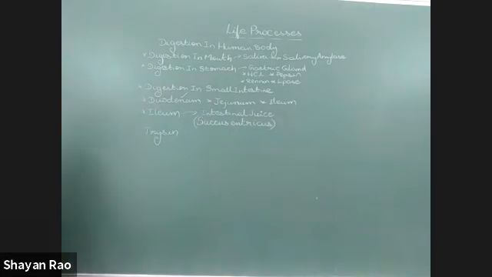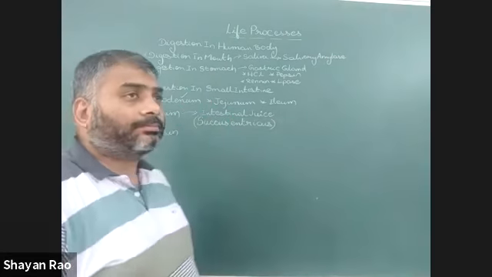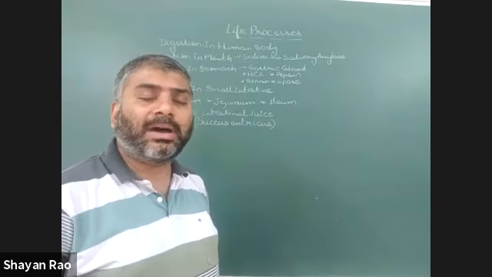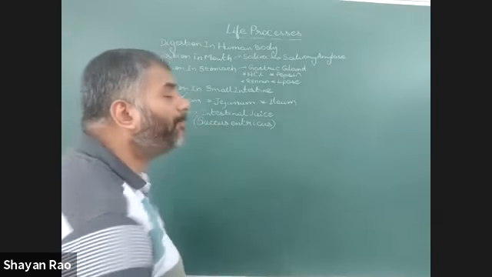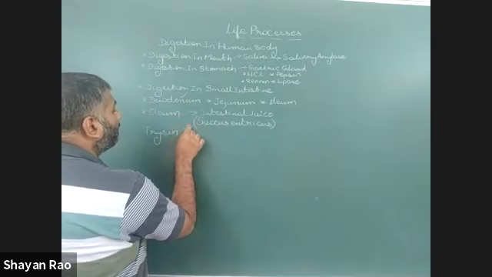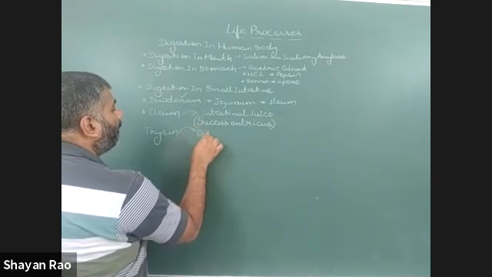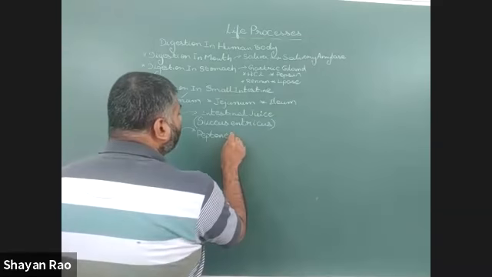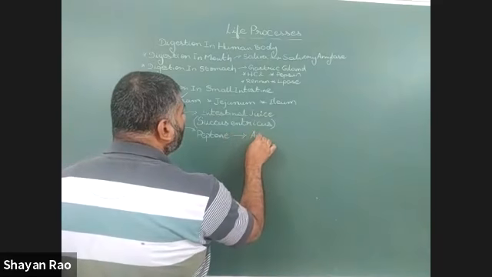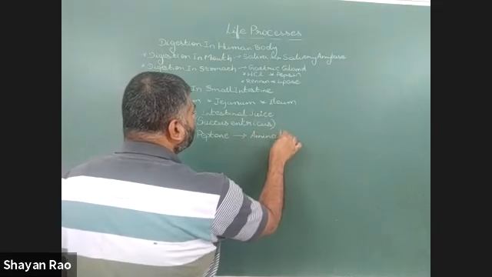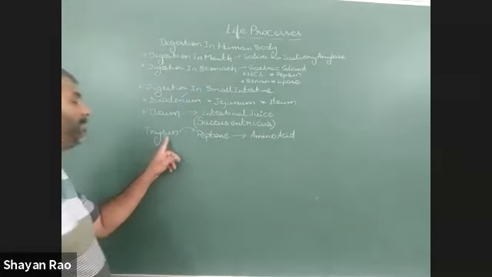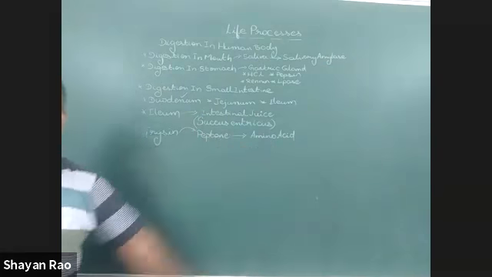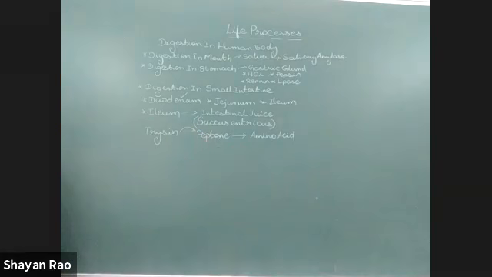Not all the proteins would have been converted into amino acids. Some are still left in the form of peptones. So trypsin acts on peptones, and peptone is converted to amino acid. Is that clear? Understood, everybody?